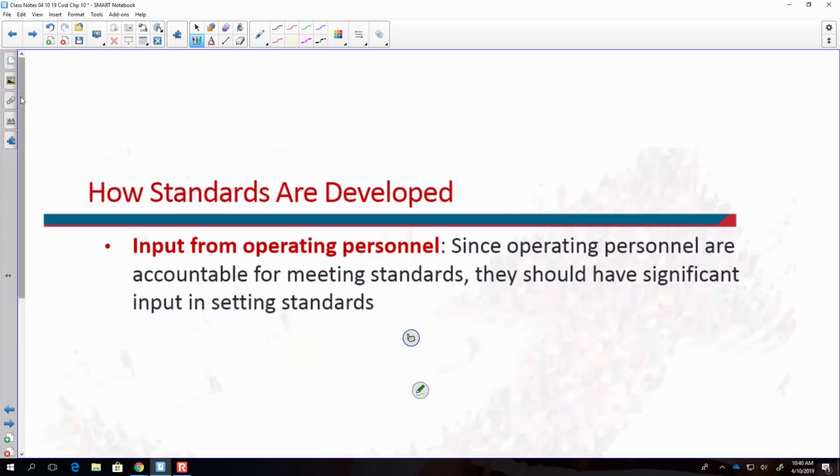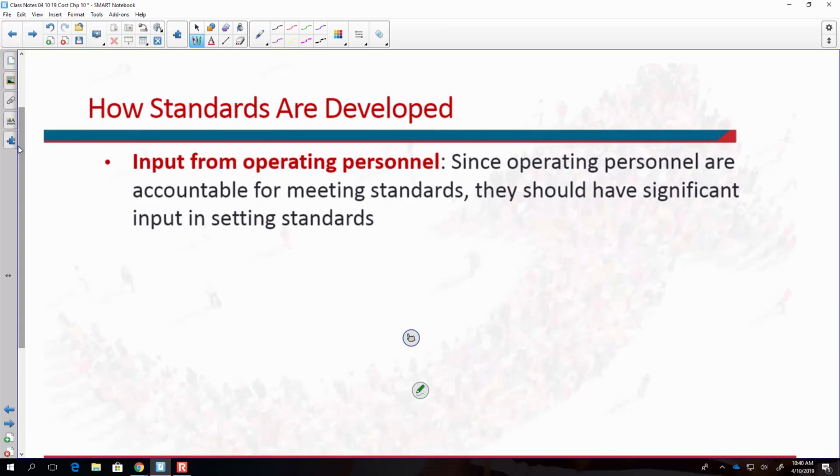And as always, what should we do whenever we're trying to determine whether a standard's a good one or not? We need input, right? It's hard to, from the top down, dictate how quick somebody should do something.